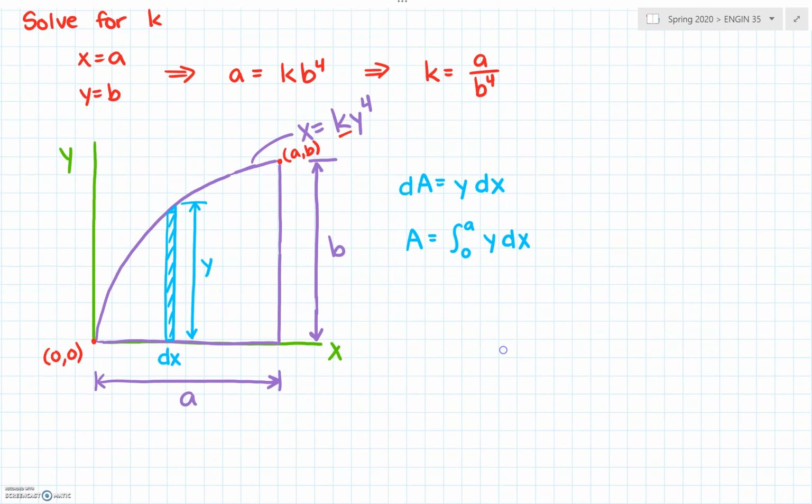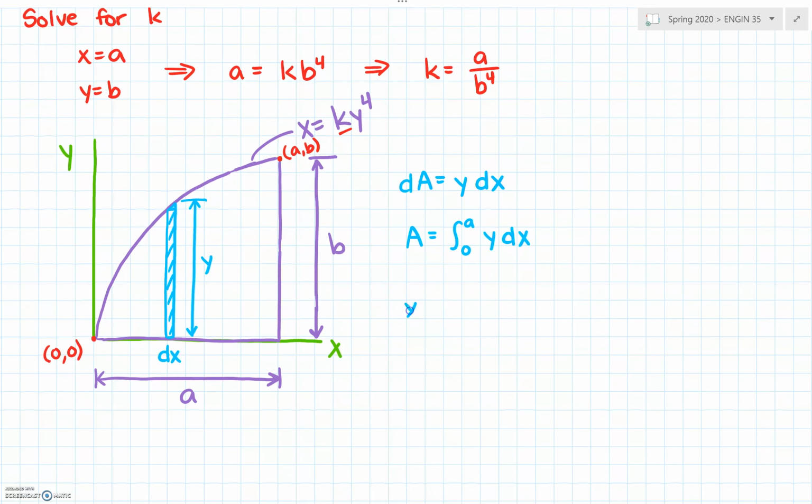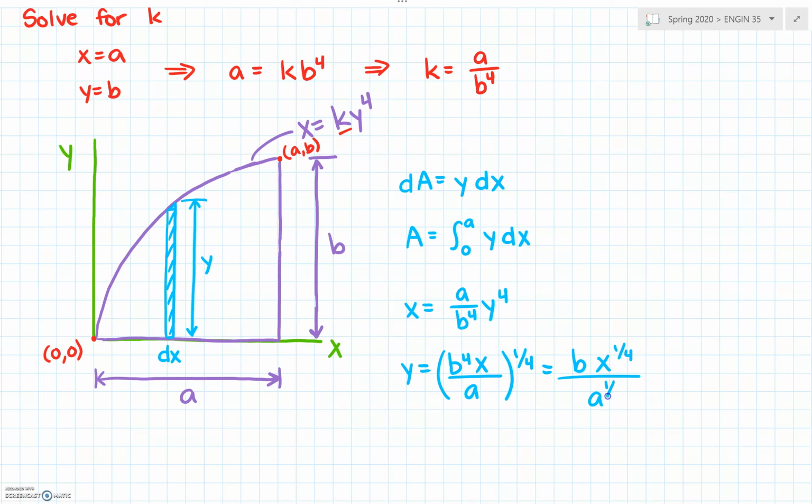In this case, I need to solve for y in terms of x. Remember, x is equal to a over b to the fourth times y to the fourth. So y is going to be (b to the fourth x over a) all to the 1/4, or b x to the 1/4 over a to the 1/4.